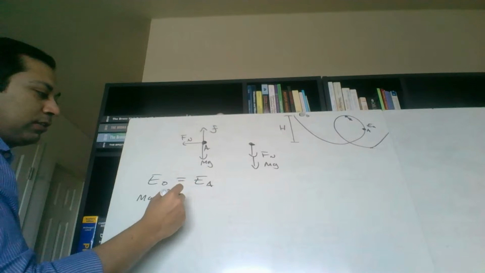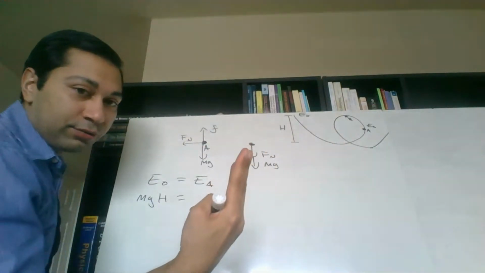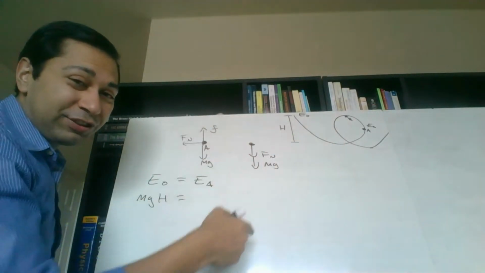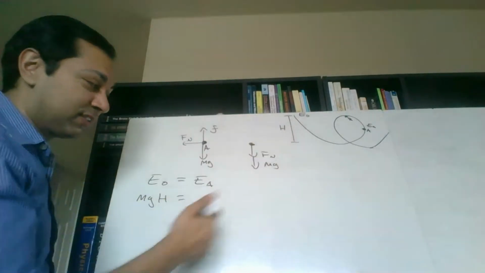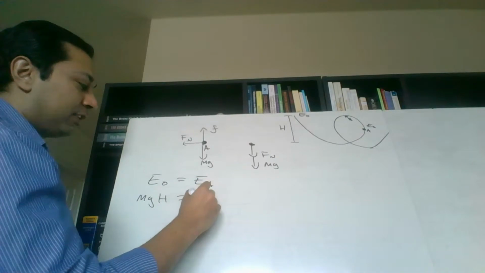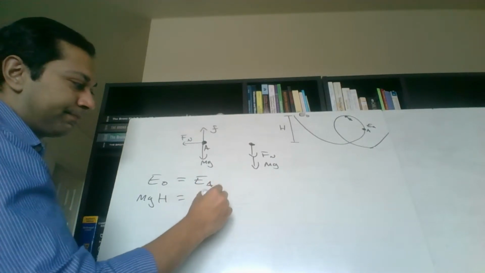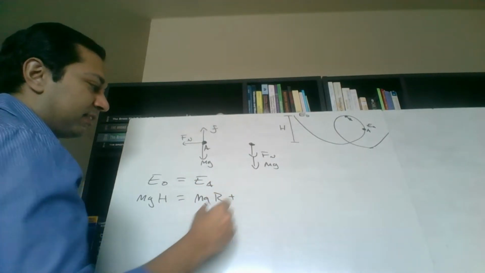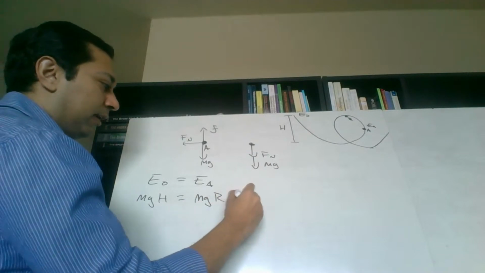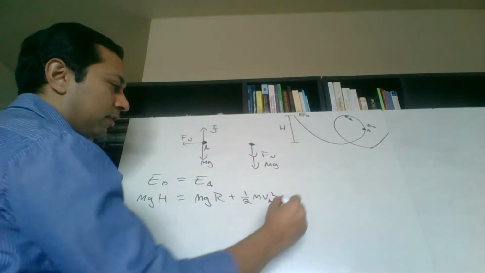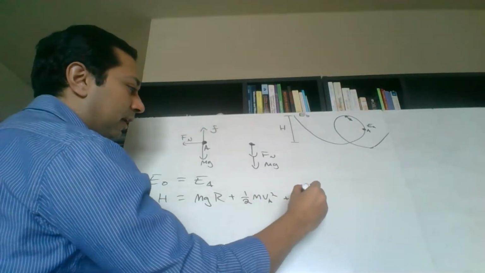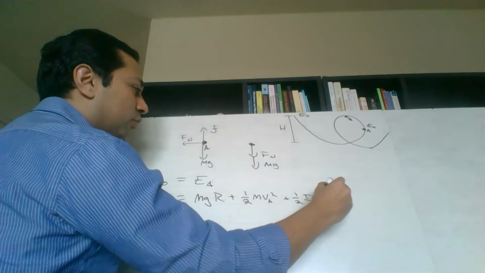The energy at A, it has three energies at A. It's got rotational kinetic, translational kinetic, and potential because it's some height. So we have mg times big R plus 1/2 m v at A squared plus 1/2 I omega squared.